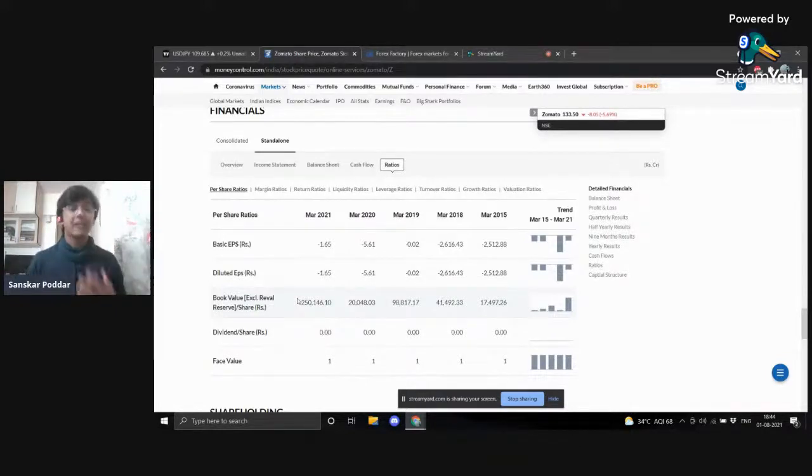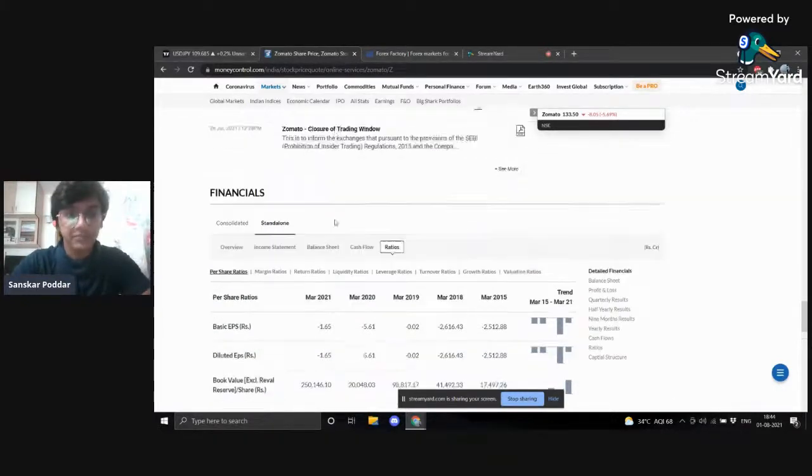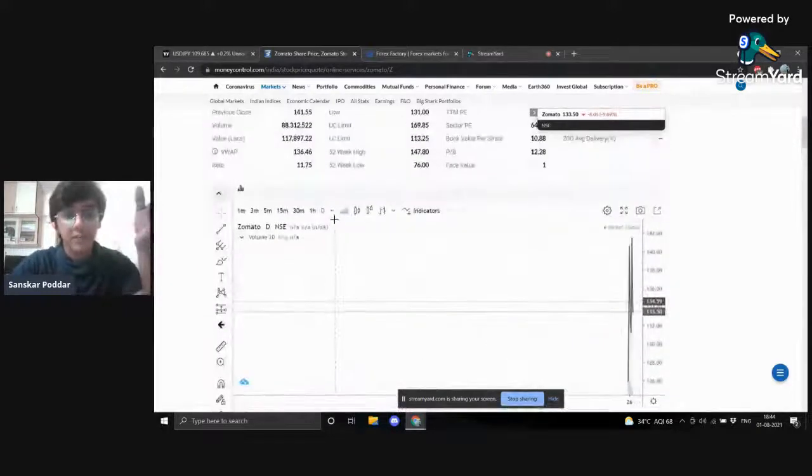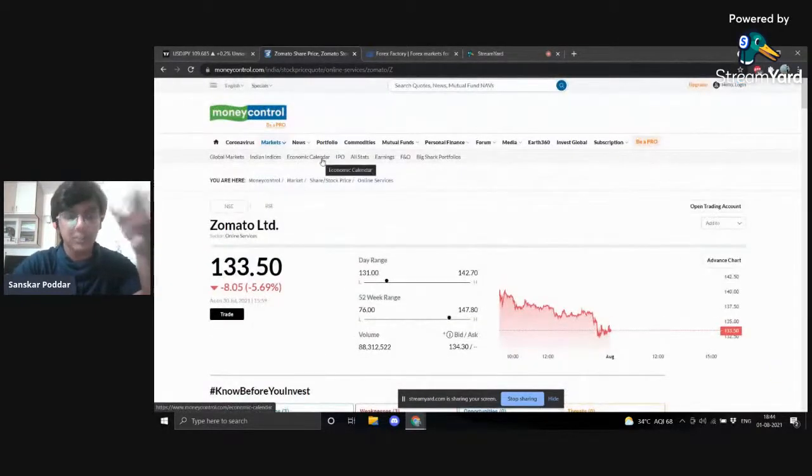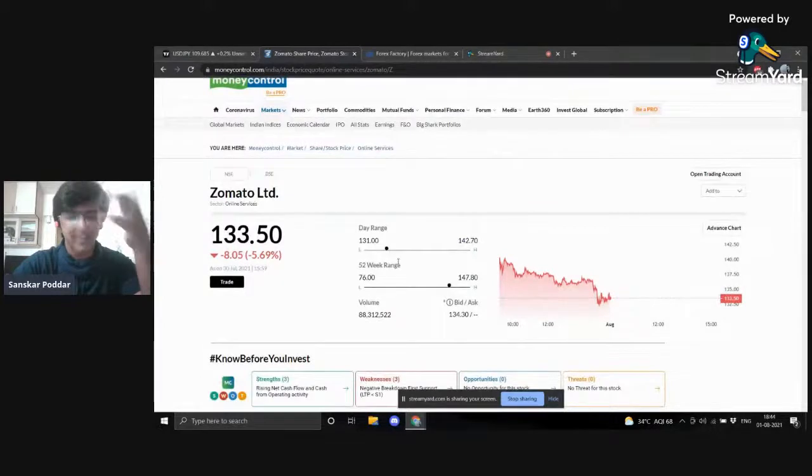And for that, I need to make sure I do a strong fundamental analysis, because if its fundamentals are weak, it is not going to grow in the long term and it is not going to give me the returns that I really want. That is the first part of fundamental analysis, looking at the books of accounts, the market, the ratios, the cash flow, and stuff like that.